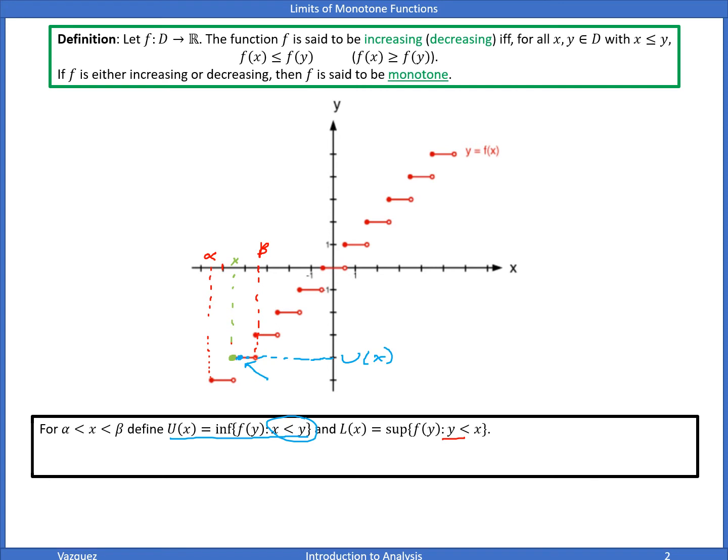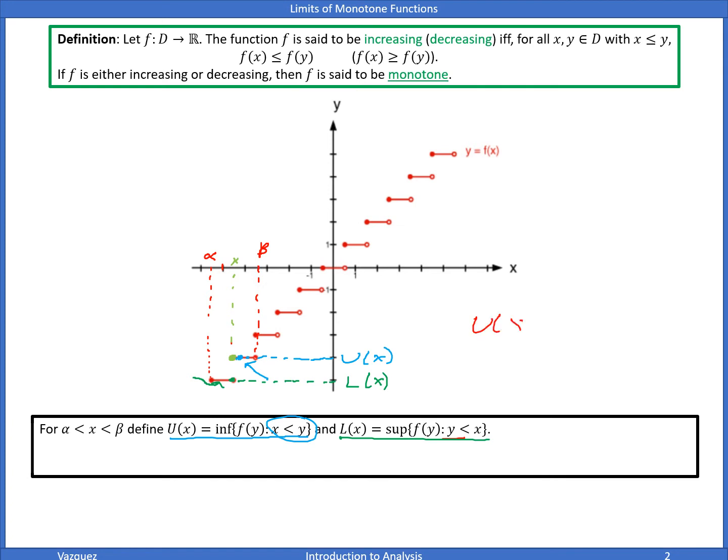And what is L of x? Well, the ones to the left of x, so it's these values here. So this would be L of x, right? And now they're not really together, right? Or U of x and L of x aren't really that close.